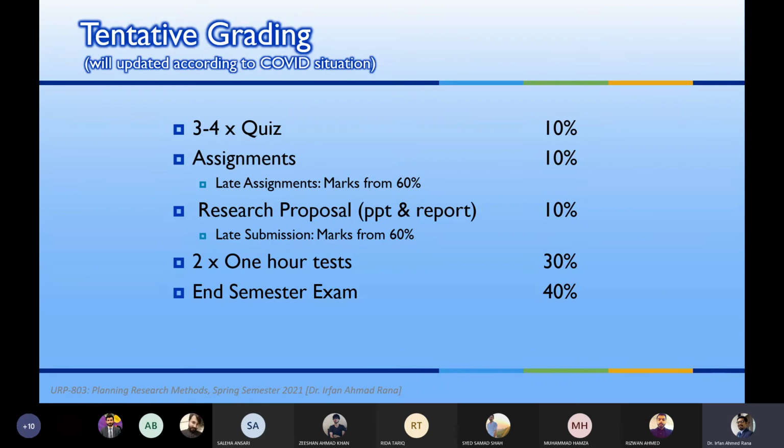So this is the tentative grading scheme which I'll be following, unless there is some COVID crisis escalation, in which case I will refer to the new grading system by the school or by the administration. This is my tentative grading scheme. If you have any questions, please don't hesitate to ask.